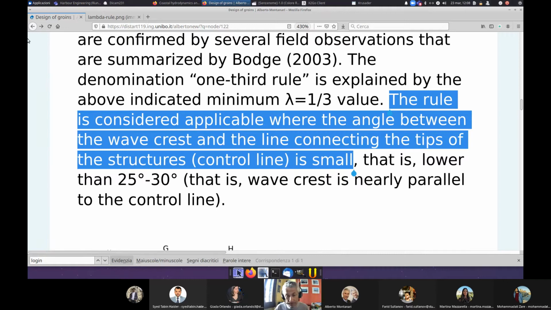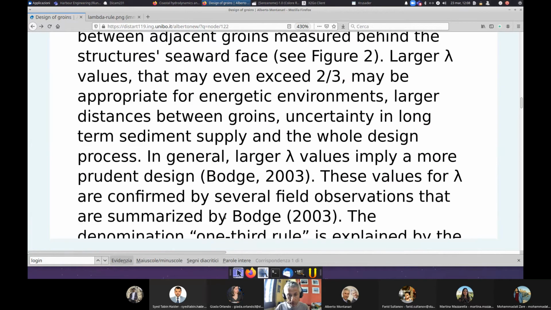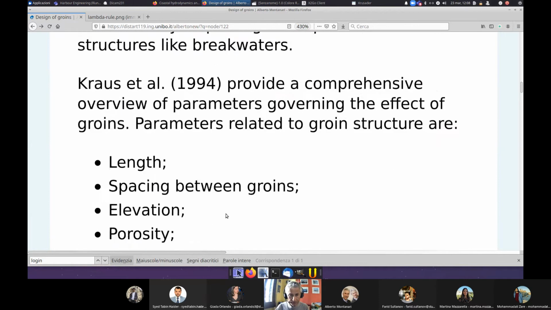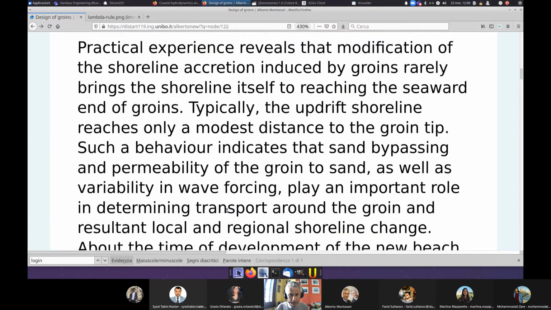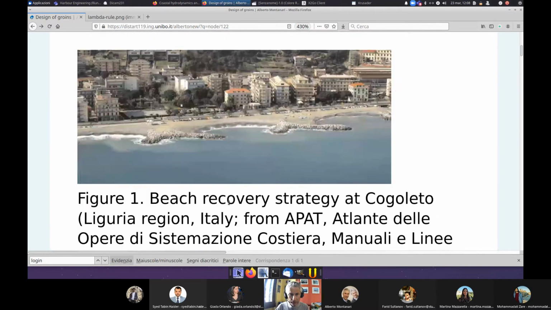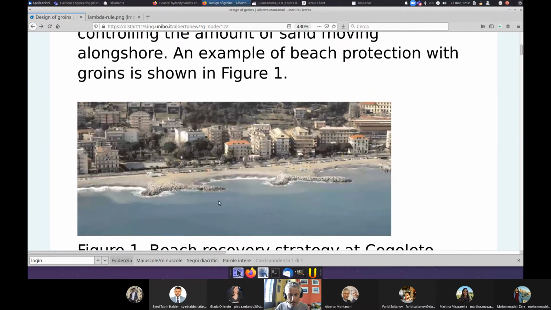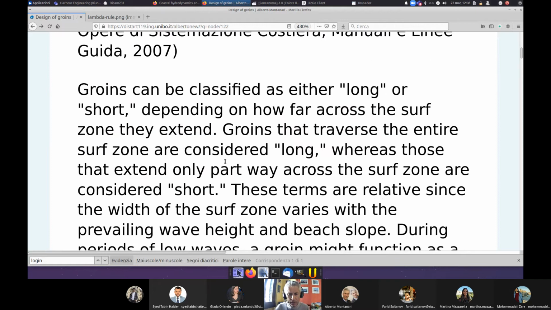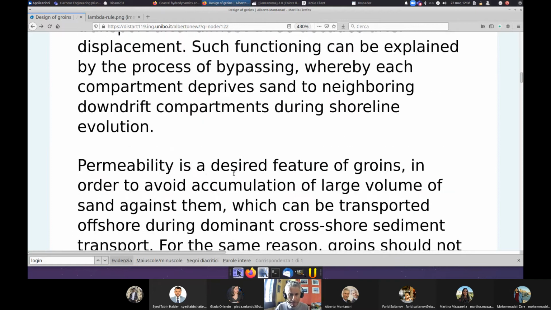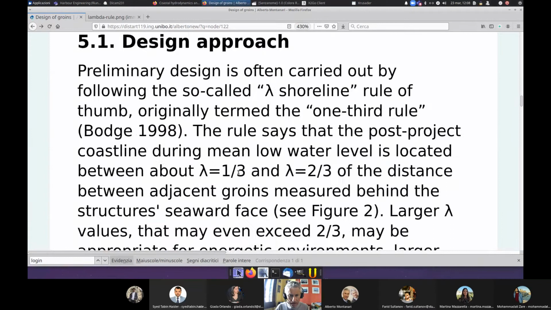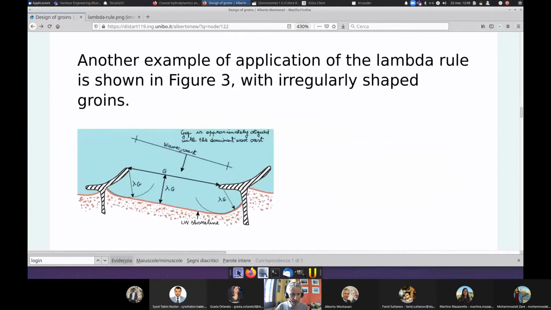And indeed, if you go to the previous figure at the beginning of this lecture, sorry if I scroll up, it's clear that the control line is not parallel to the shoreline. It's not very evident here, but let me give you another example in a subsequent figure.